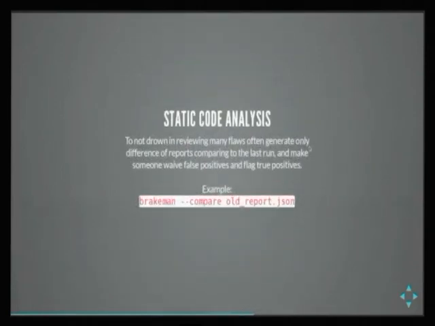So it's very recommended to set it up such that every report contains only the differences from the previous one, so the developers or the QE team only have to go through the warnings that were introduced since the last report. There's an example for Brakeman, which supports diff reports out of the box.